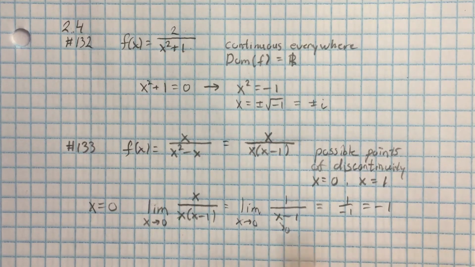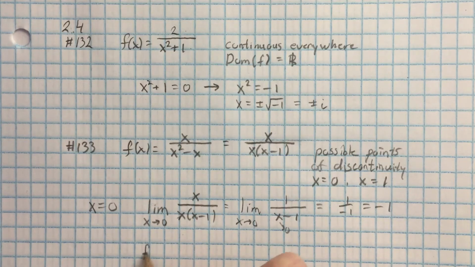So the limit of this function as x approaches 0 has a value associated with it. Now we just need to see what the value at 0 is. Well, f of 0 does not exist.